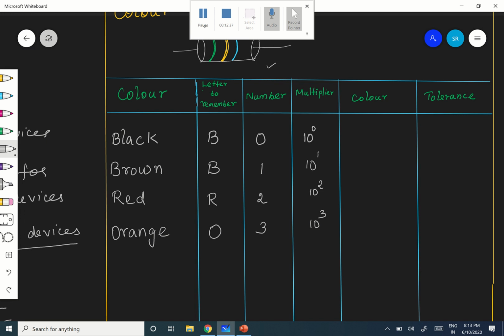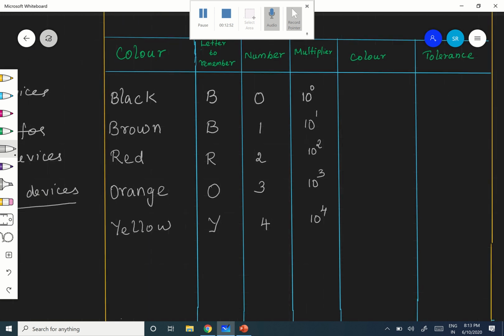The next color is yellow, Y. It is 4, definitely 10 power 4. You should not change the color or the number, otherwise everything will change. The next one is green, G, and for that it is 5, and the multiplier is 10 power 5.